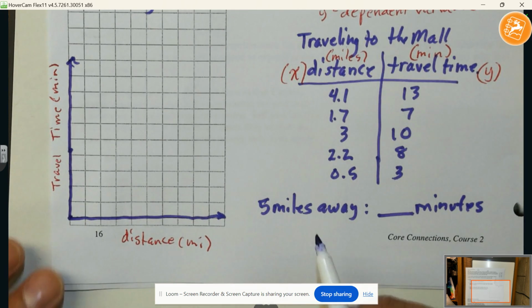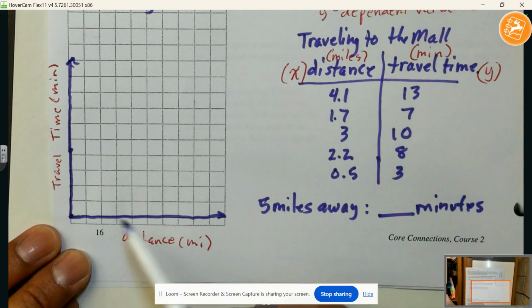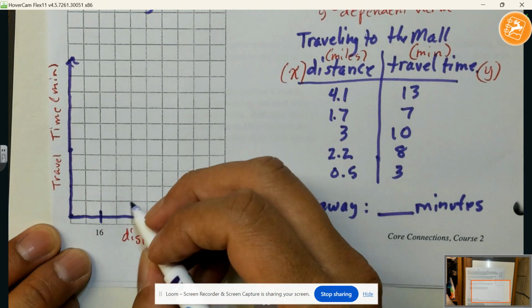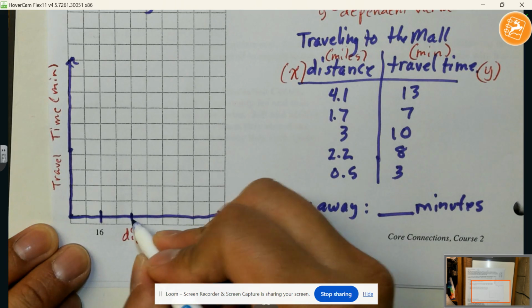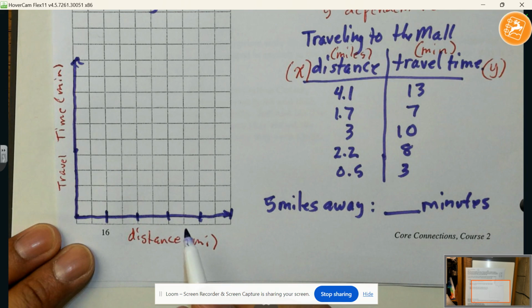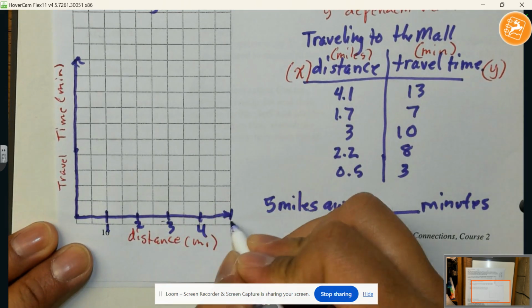If we want to look for a distance of 5 miles, we have 10 intervals here, so it might be a good idea to count by half a mile. So this would be 1, 2, 3, 4, 5 miles.